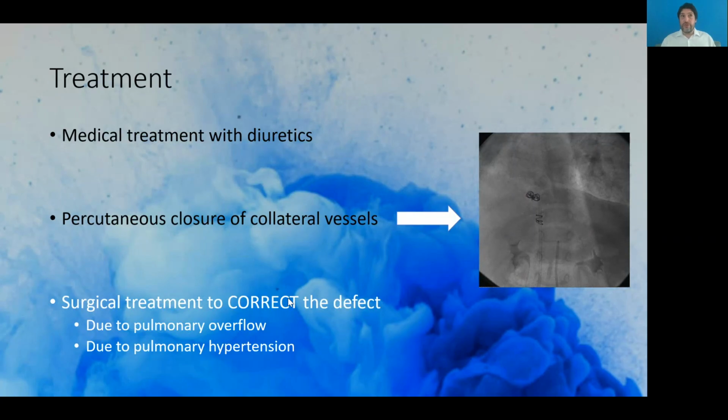So there is kind of a pulmonary vein stenosis that causes these patients to increase the pulmonary pressure. So you have to send them anyway to surgery to correct the defect. It's no good to have these patients living with this disease without correction.